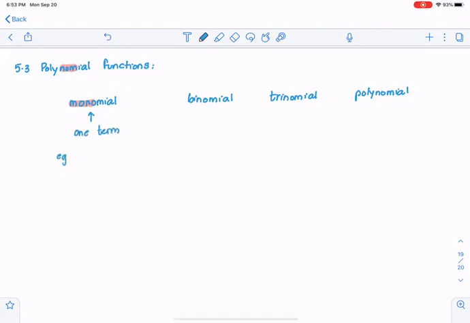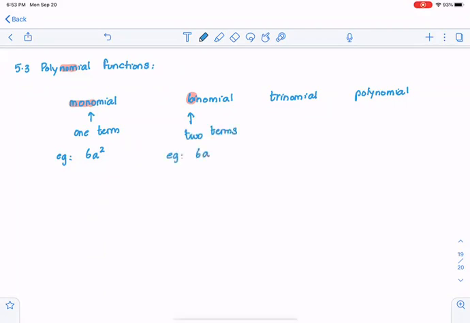As an example, I could have 6a squared. That's by itself. So that is a monomial. Binomial, bi means two. So two terms in addition or subtraction.